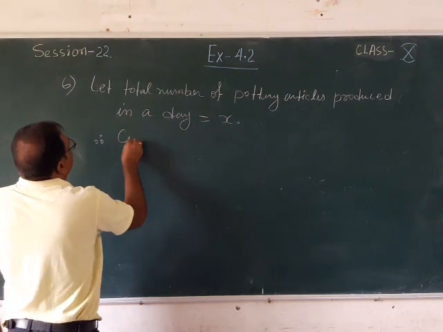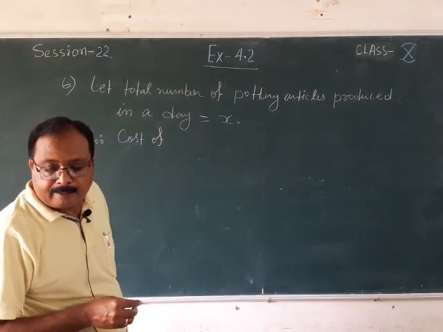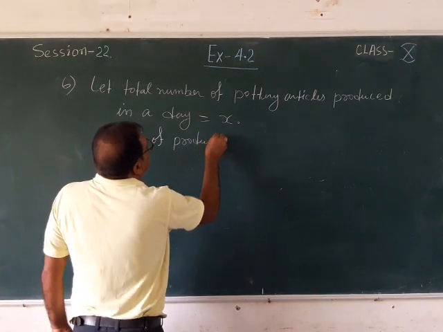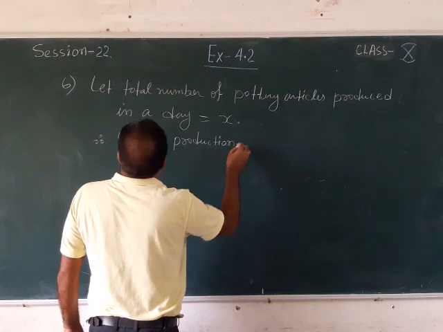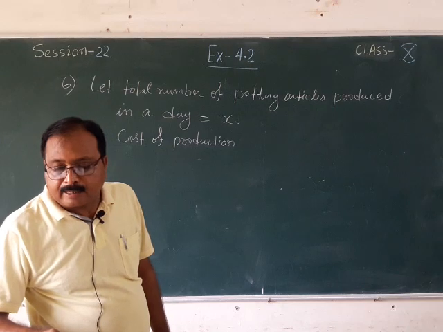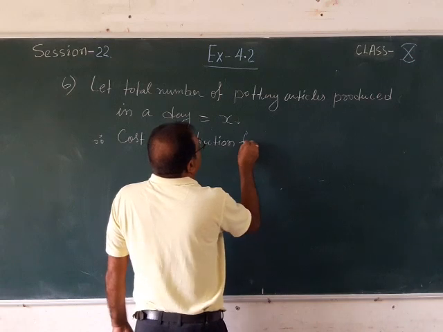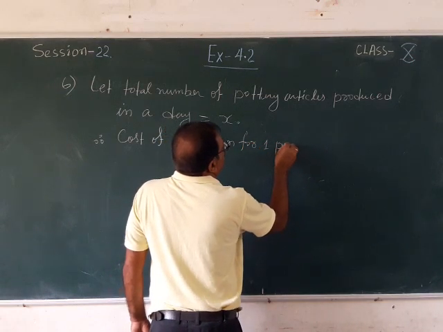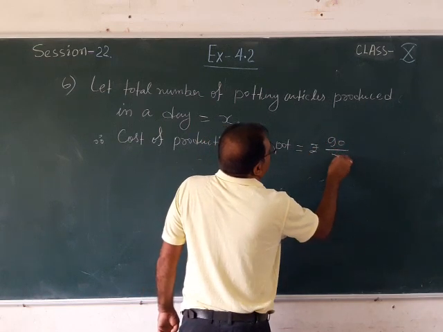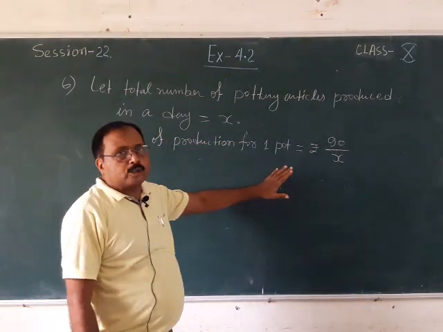Therefore, the cost of production of one article, for one pot, will be rupees 90 upon x, because the total number of pots is x and the total cost of production is 90.